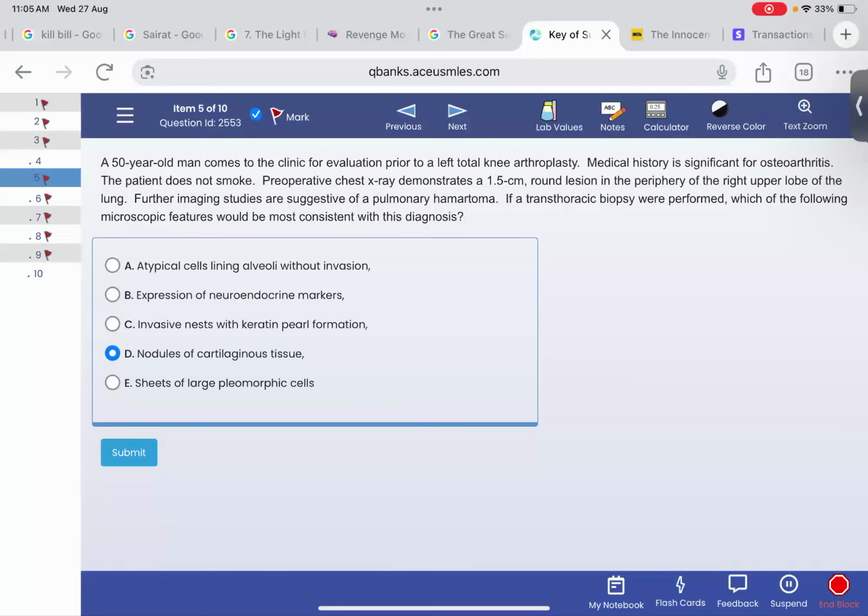This is one question in the miscellaneous type, and you don't know where it comes in lung cancer, but you can do it on an exclusion basis as well.